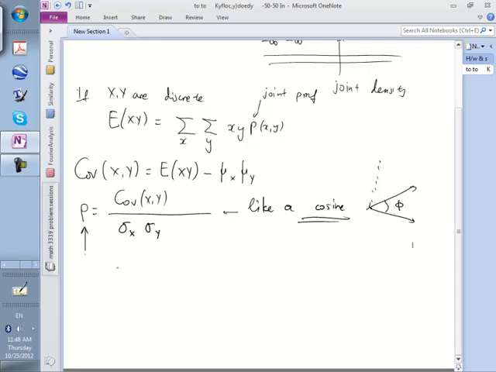So this rho is called the correlation coefficient, and it takes values between -1 and 1.